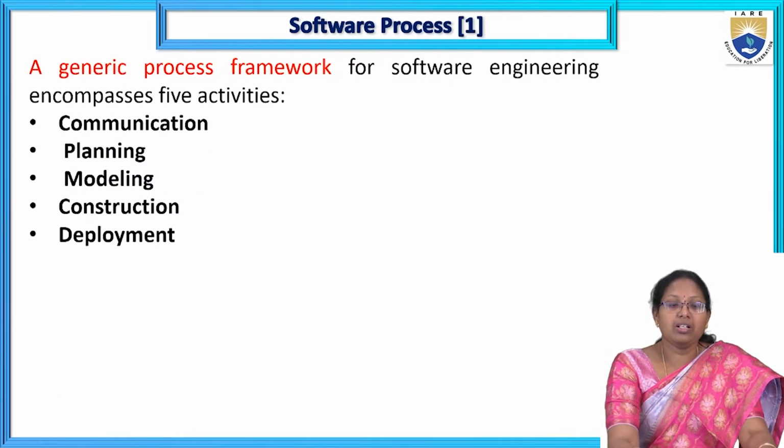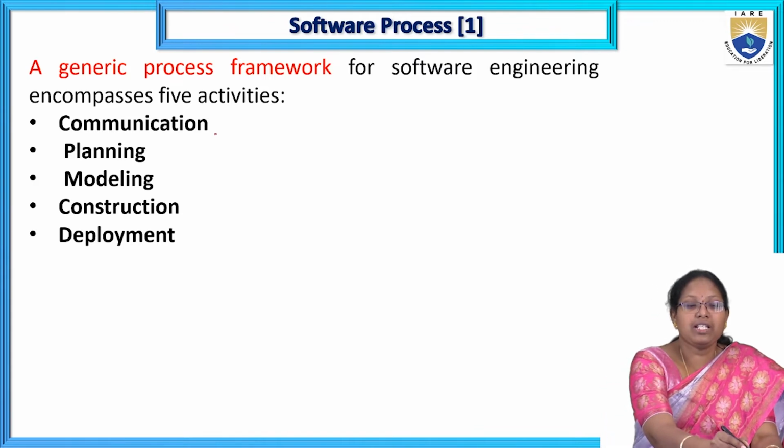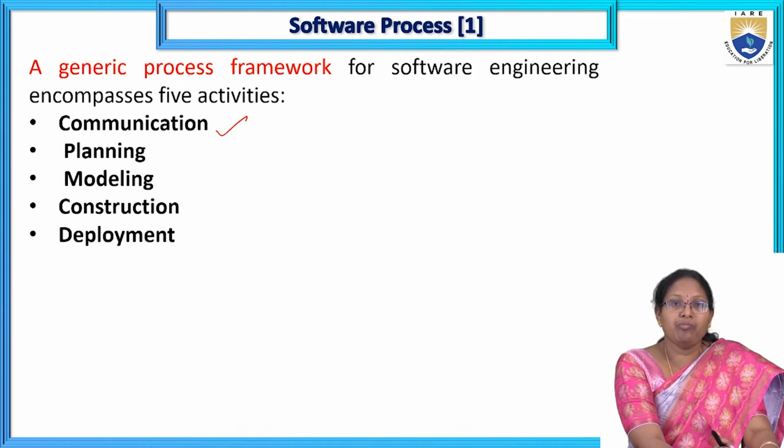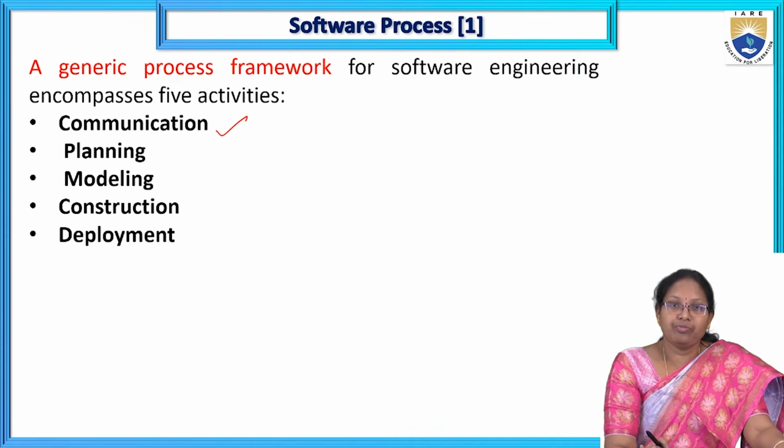The software process framework is also important. A generic software process framework for software engineering encompasses five activities. What are the five activities? The first one is communication. The first phase of activity is to communicate with the customers or clients based on their requirements.